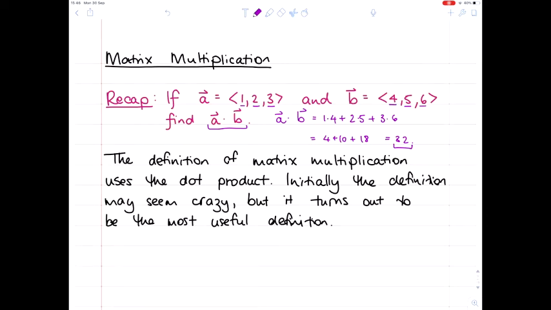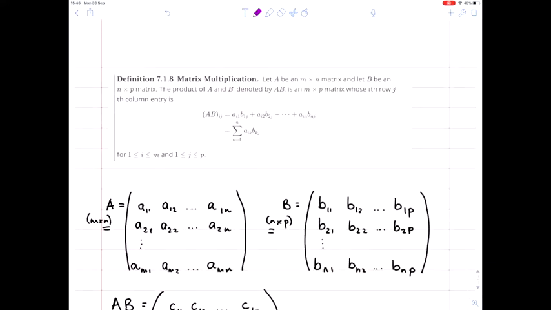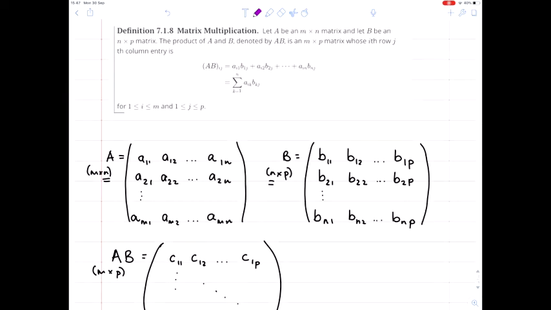So bear this in mind, and when we go through this definition of matrix multiplication, which uses the dot product, initially it's going to seem a little crazy, but it does turn out that this is the most useful definition. So here we go. You can read through this in your own time, but I'm just going to talk through how we multiply two matrices together. So the first thing that we need to do is check the dimensions. So it's only possible to multiply an m by n matrix by an n by p matrix.